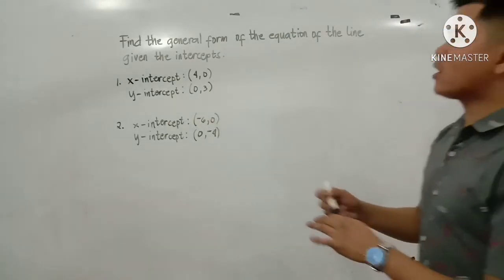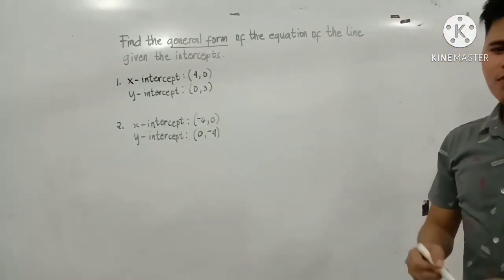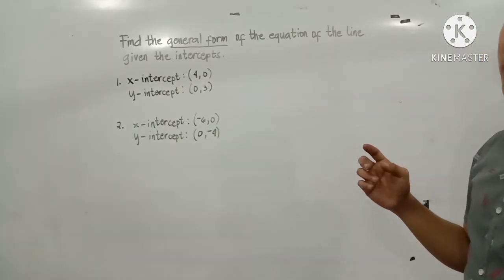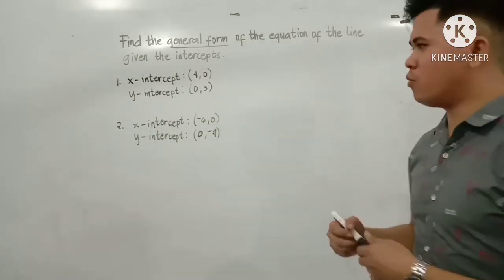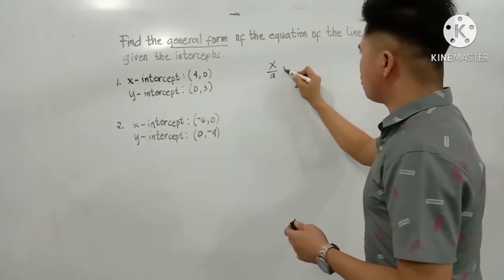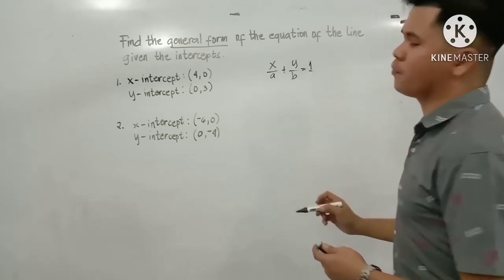So our task is to find the general form. Since the given are the intercepts of the line, we can use the intercept form. So simply x over a plus y over b equals 1.